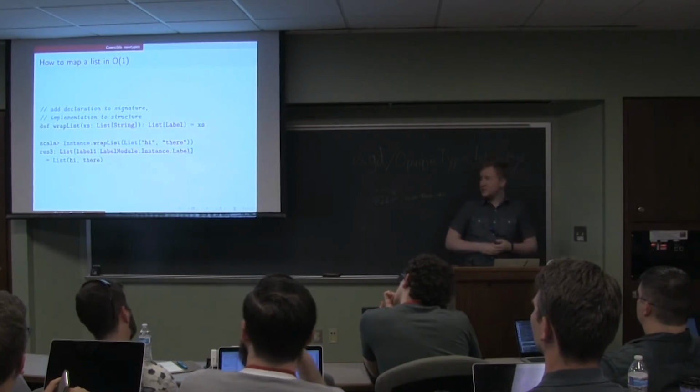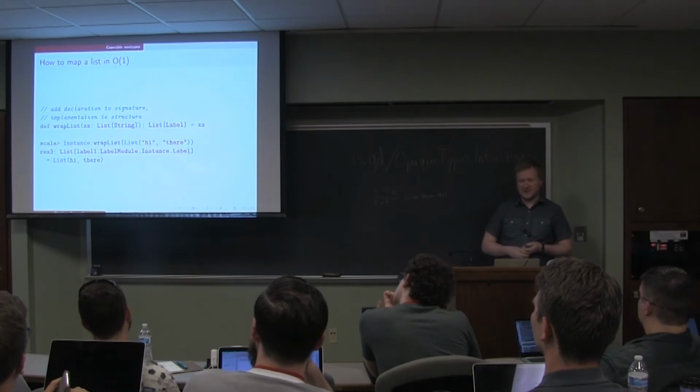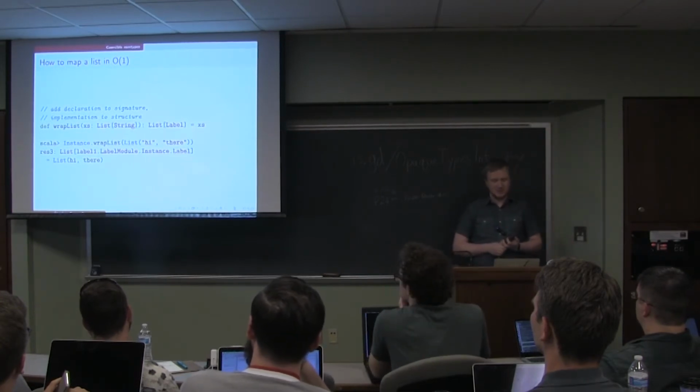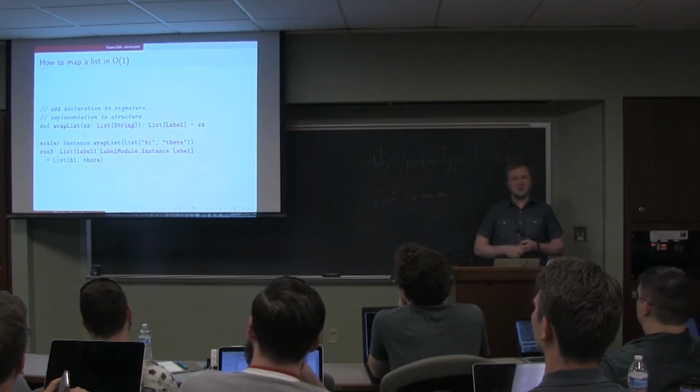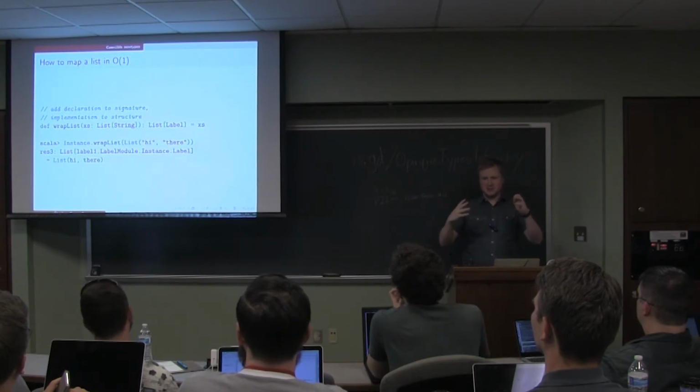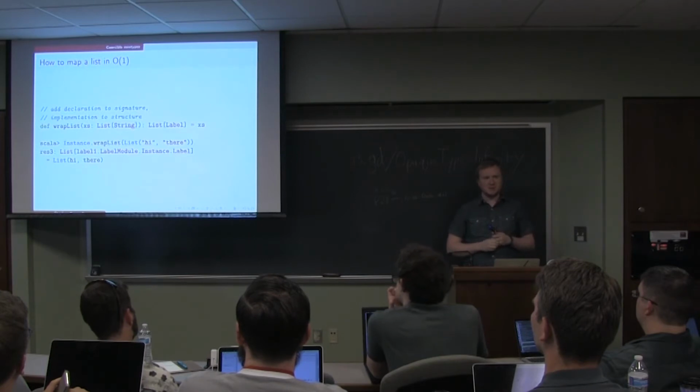I demonstrate that it just works here. If I take a list of strings, I can pass it to this wrapList, and it produces a list of Label. And you might notice from that toString output that there's nothing around it, because it's a pure type level abstraction. There's no runtime layer for this Label.